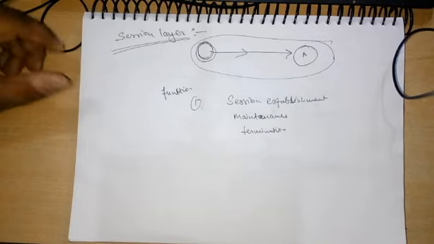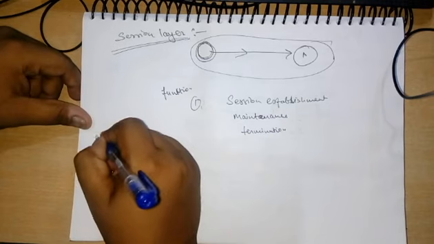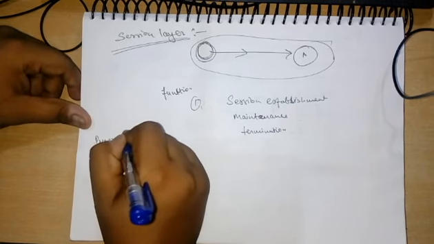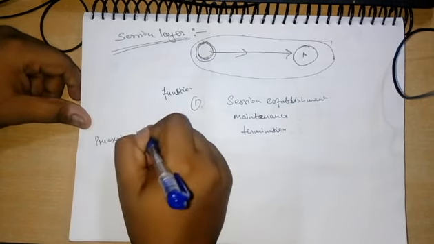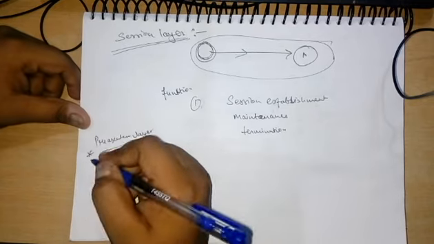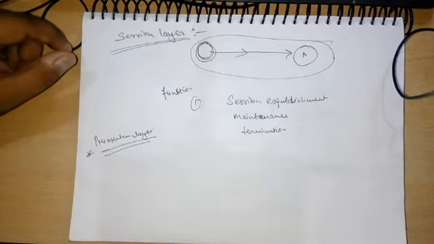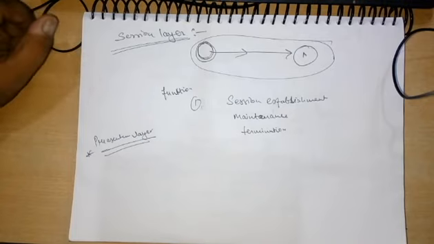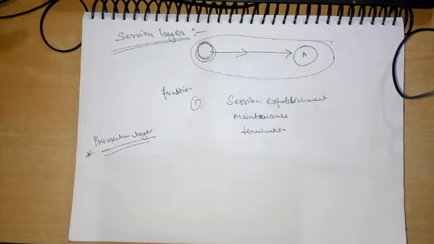Now comes the presentation layer. Presentation layer, by the name, we can say it is to present. The presentation layer is responsible for protocol conversion, data encryption, decryption, expanding graphics commands, and data compression.